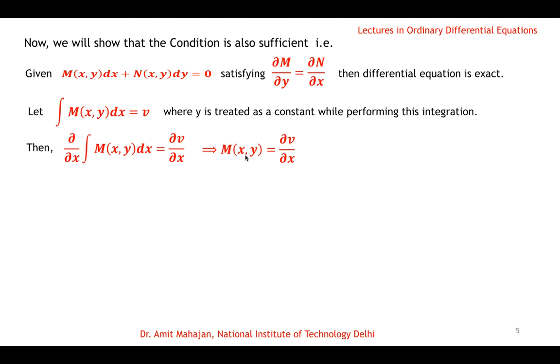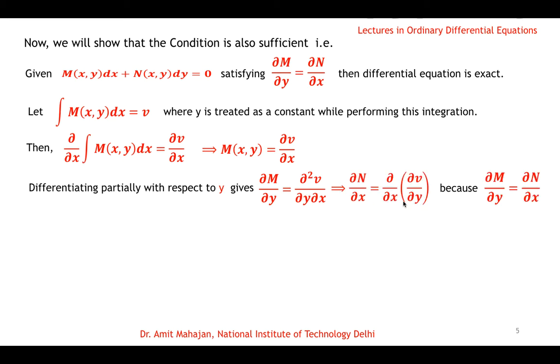Now if I differentiate this with respect to y on both sides, then the partial derivative of M with respect to y will be the second derivative of v with respect to y and x. And because partial M by partial y is equal to partial N by partial x, I can substitute here, so the partial derivative of N with respect to x will be equal to this quantity. This is true because the condition holds, so we just substitute it.